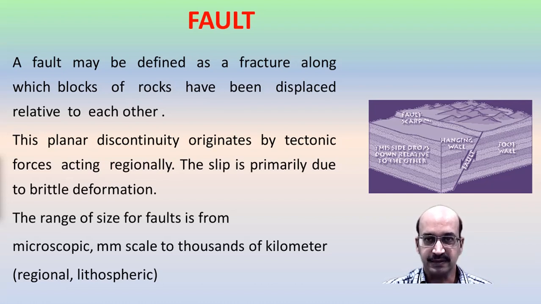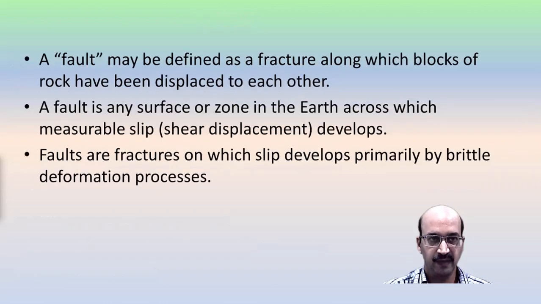These faults range in size from microscopic dimensions, that is less than 1 mm, to thousands of kilometers, which we can say they occur at a regional level. We can also define faults in other words, like a fracture along which blocks of rocks have been displaced with respect to each other.